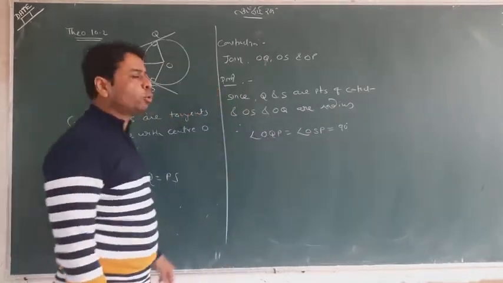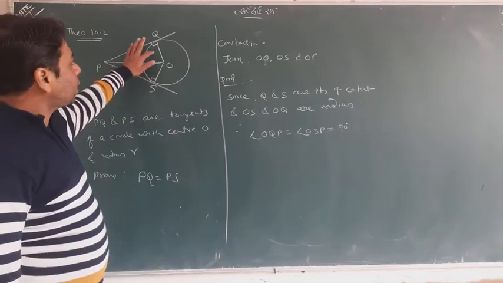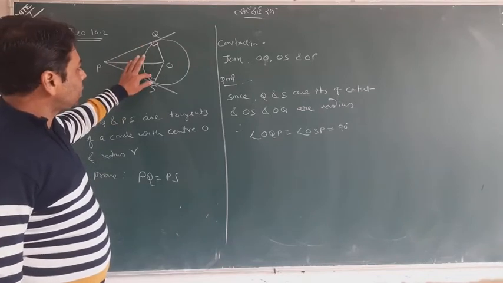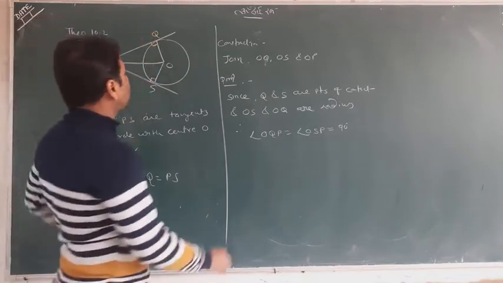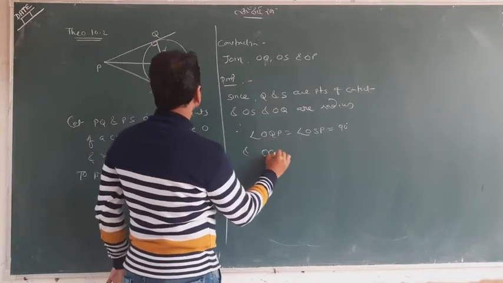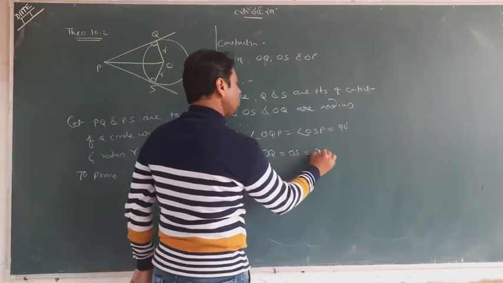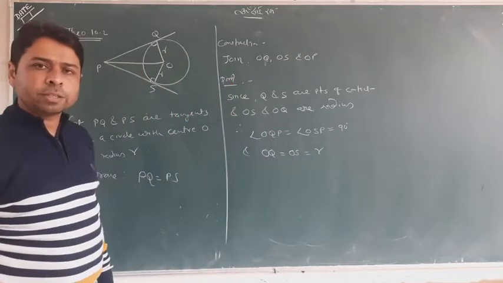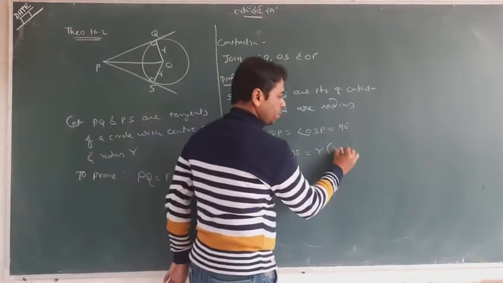So first thing we have shown, can you see these two triangles? One angle is 90, the second is 90. OQ and OS are equal radii.